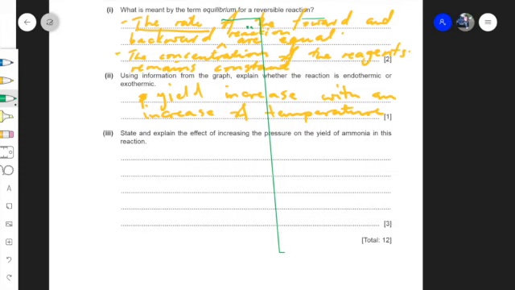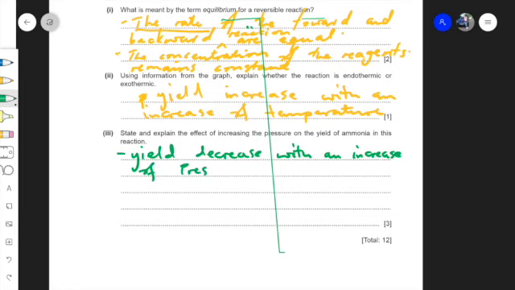So let's write that. Yield decreases with an increase of pressure.